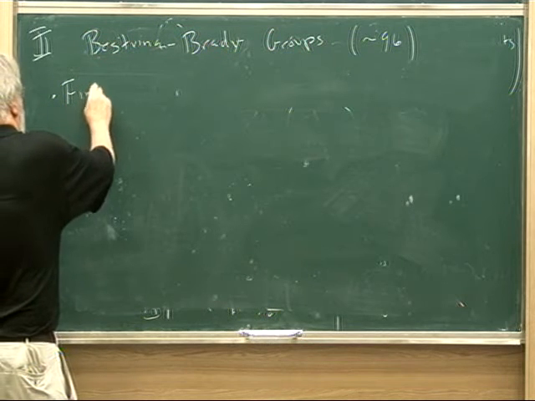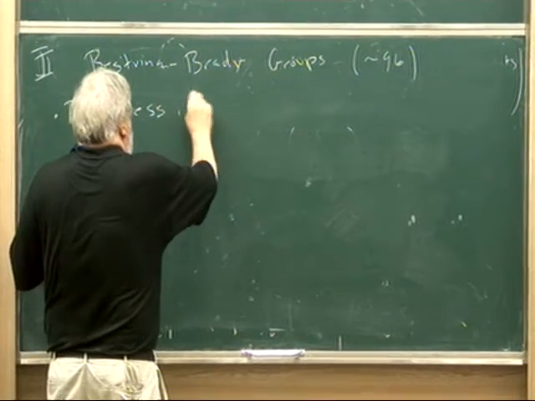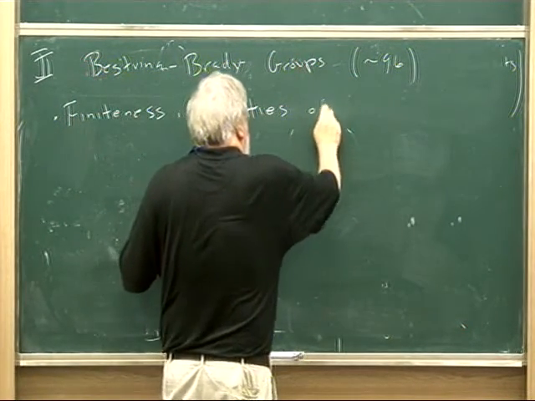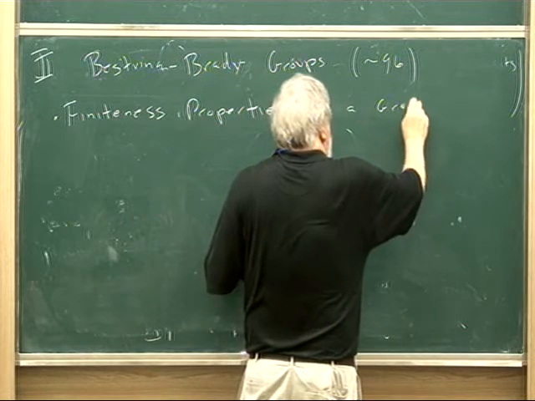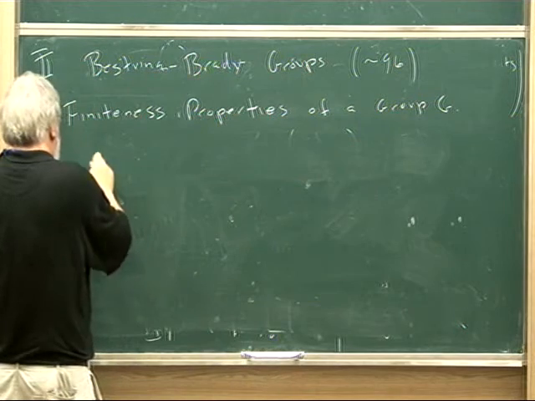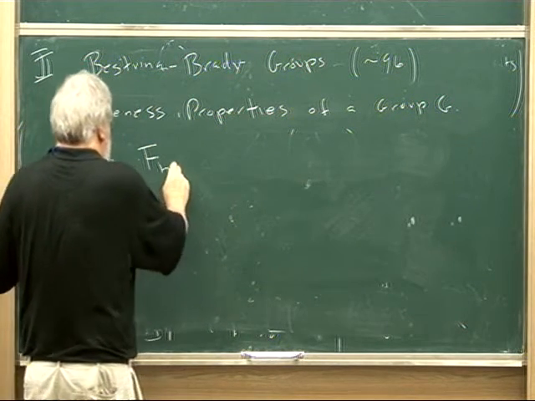So there are these things called finiteness properties of groups. I'm usually thinking of infinite, usually torsion-free groups. So the first property, you can say a group is, say, type Fm.